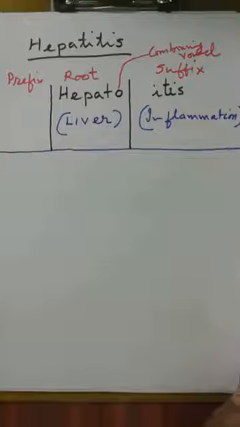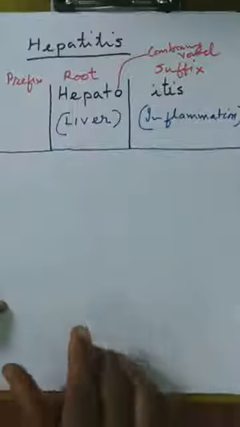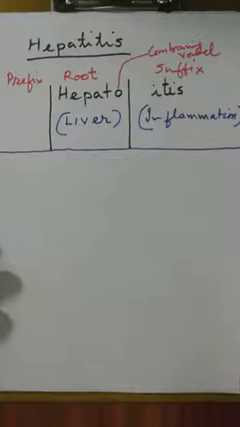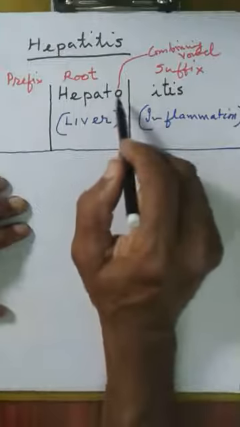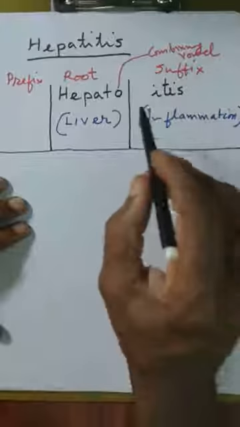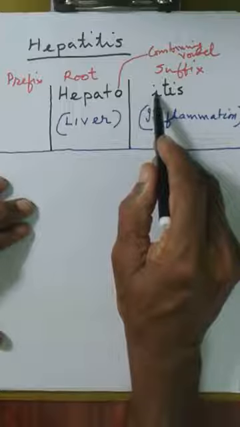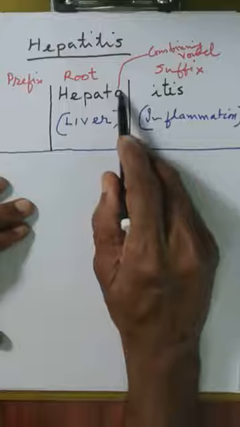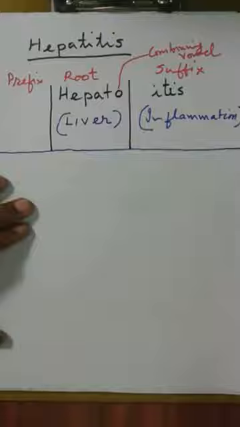So here, hepato plus itis. There is a rule. If the combining vowel is connected to another vowel in the suffix, then this O will be cancelled. You got the point?